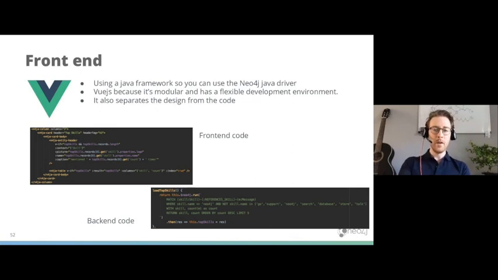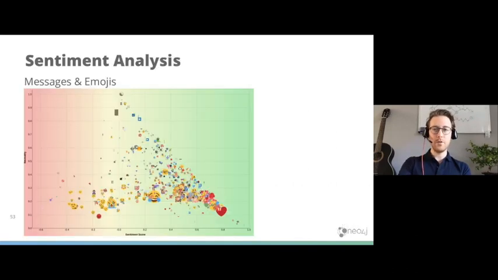You can see on the slide that we used Vue.js because we wanted to separate the design from the code. There you have the front-end code, and then you have the backend, which is the Cypher queries. All right, I will hand over to Niels now for the sentimental analysis.